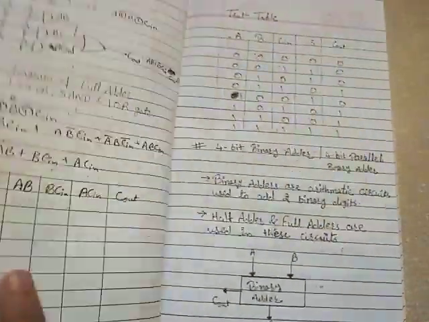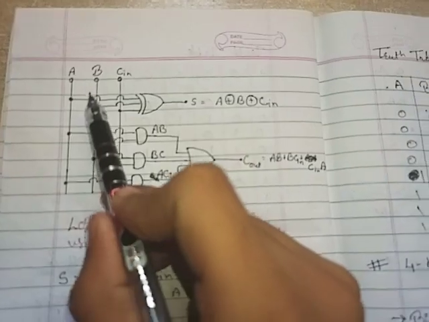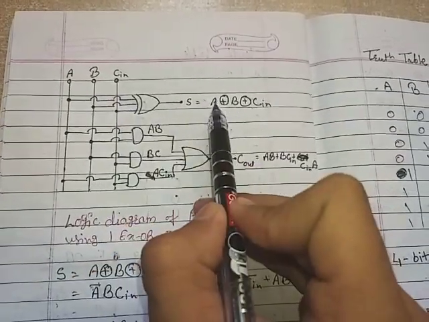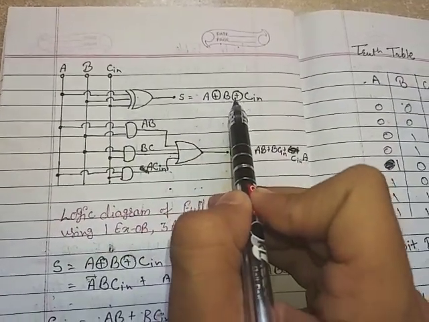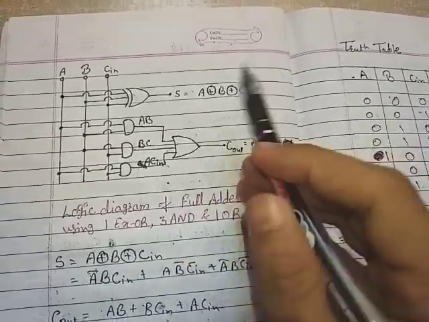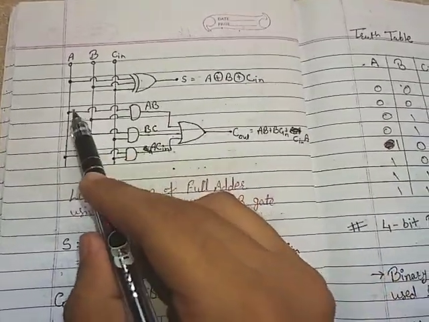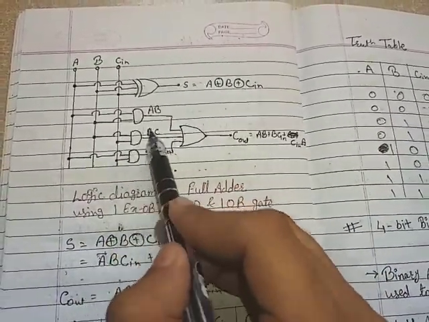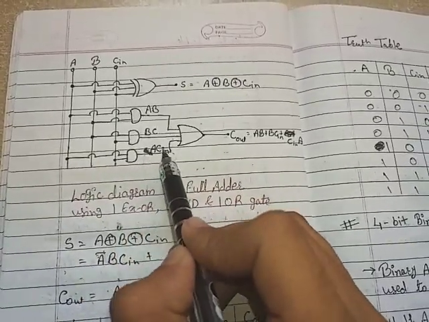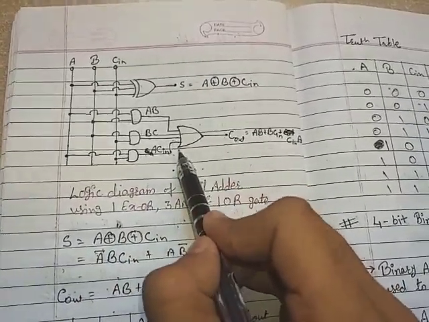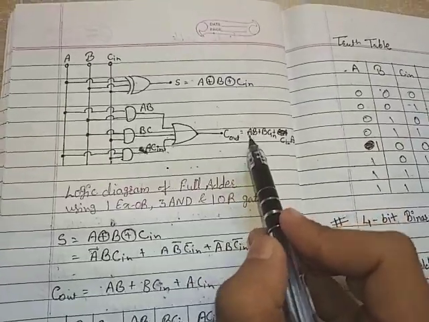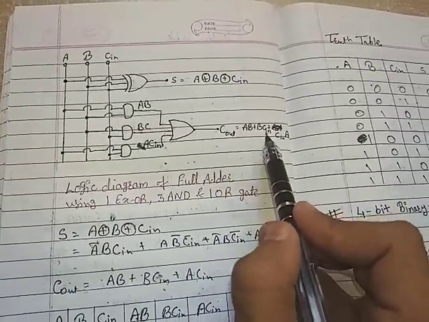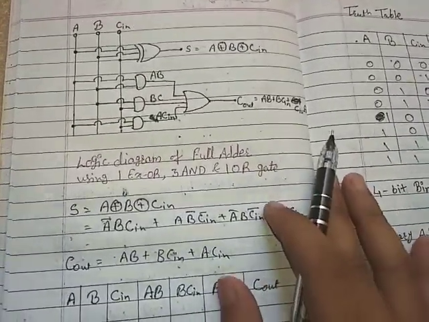Now let's see how to draw it. Here three inputs are passed through XOR gate will give me A XOR B XOR C in, and then AB, BC and AC in passed through OR gate will give me C out, that is AB plus BC in plus AC in.